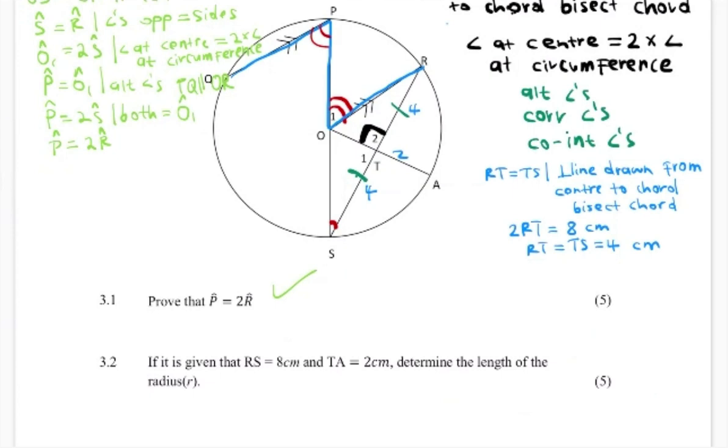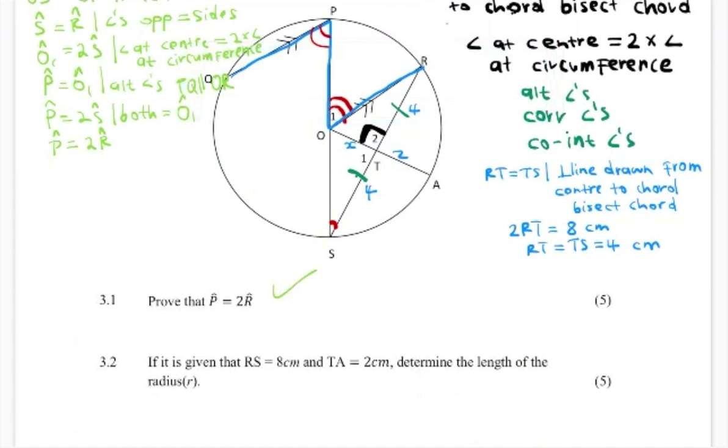So now we have all the information that we needed in order to start answering the question. Now we want any radius here. The radius that we see has information is OA, because we have TA, then we can say OT is X in order for us to calculate OA.